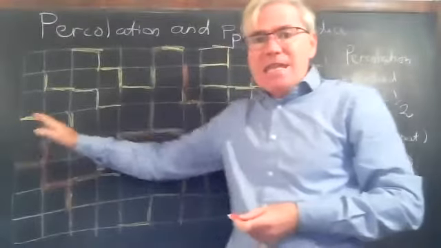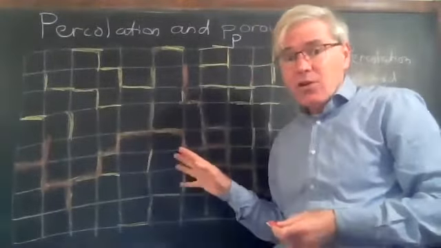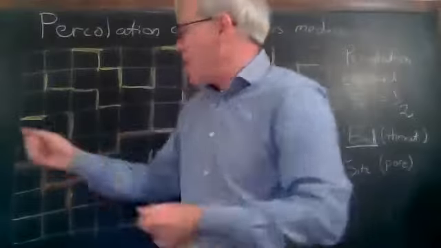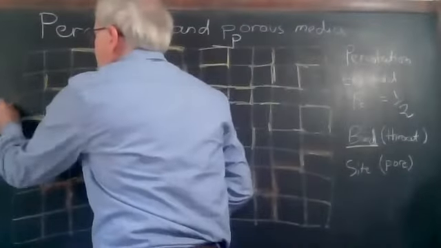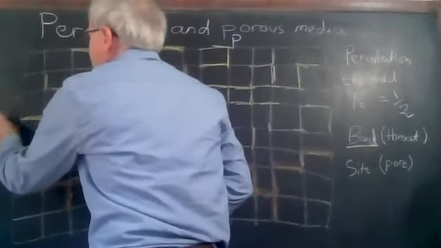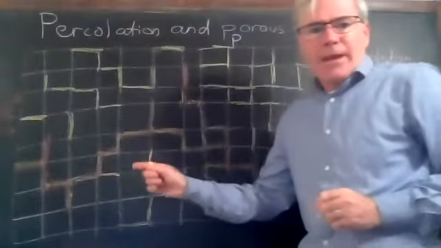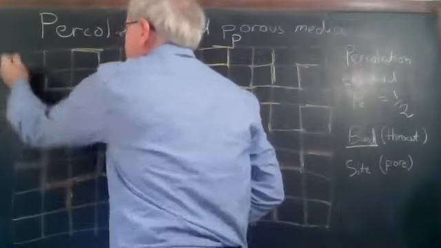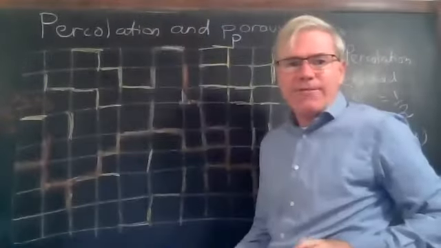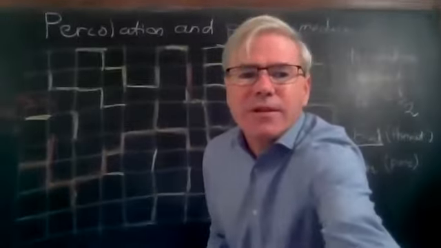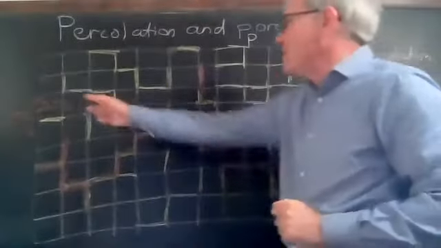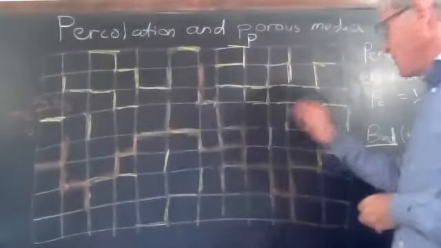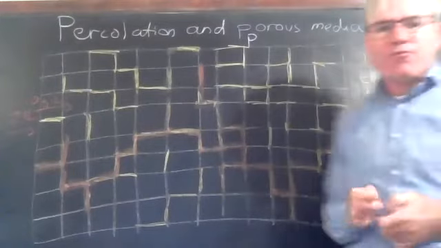So this lattice here could represent where on this side I'm injecting oil, and the oil is coming in from the left, and I'm displacing water from the right.